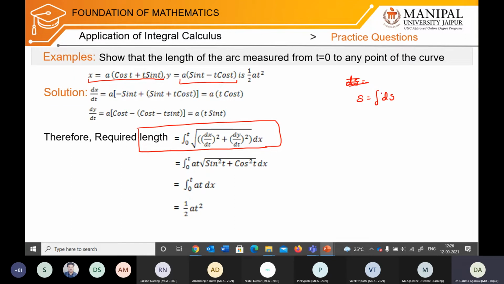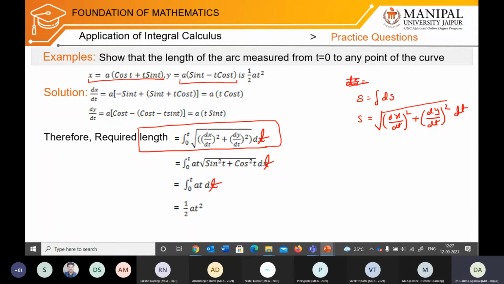If it is in Cartesian form, the formula for arc length is integration ds. If the equation is in parametric form, the arc length will be integration of the square root of (dx by dt) squared plus (dy by dt) squared, dt. Again there is a typo error, that should be dt.